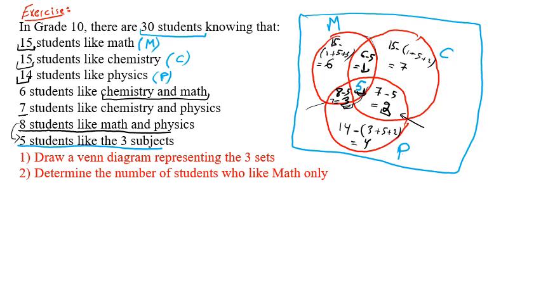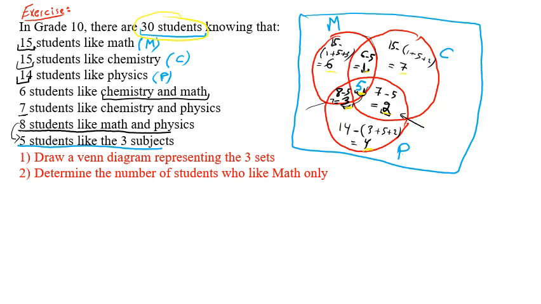To be sure of our answer, we can add 6, 1, 7, 2, 5, 3, and 4. The answer should be 30 students, since the total is 30.